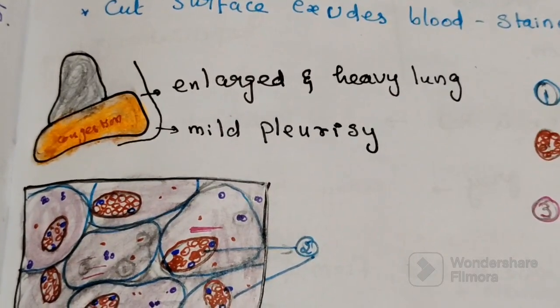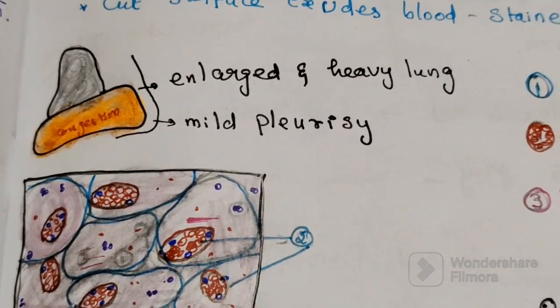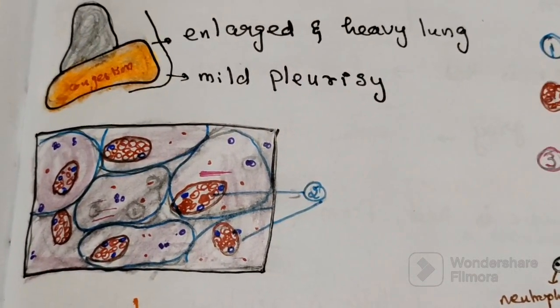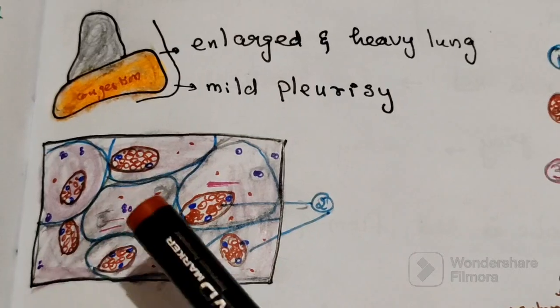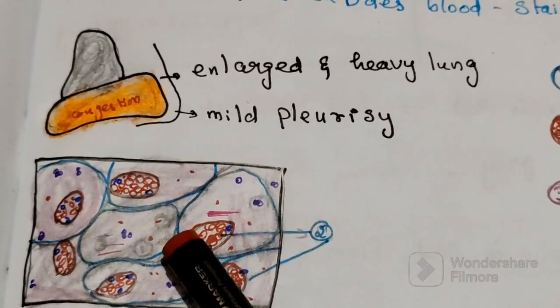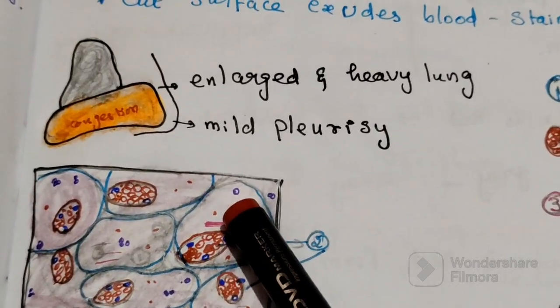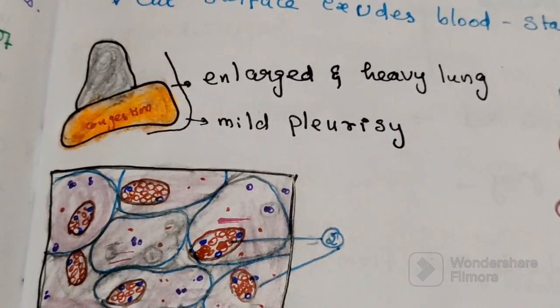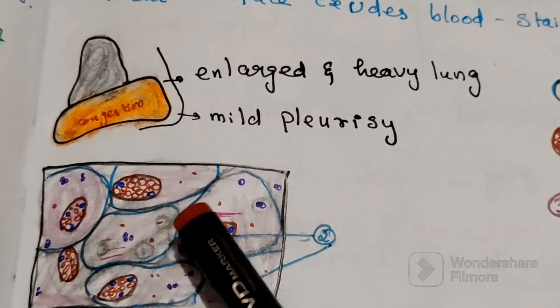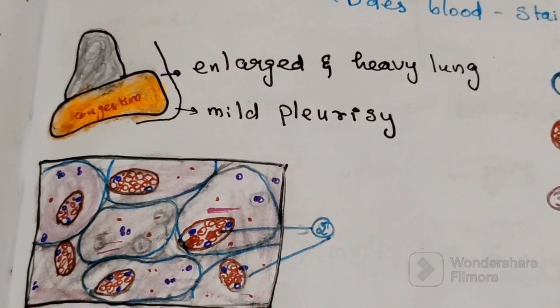They are dilated and congested, that's why they look red. The alveoli are full of edema containing 2 types of cell, RBC and neutrophil, but few RBC and few neutrophils.